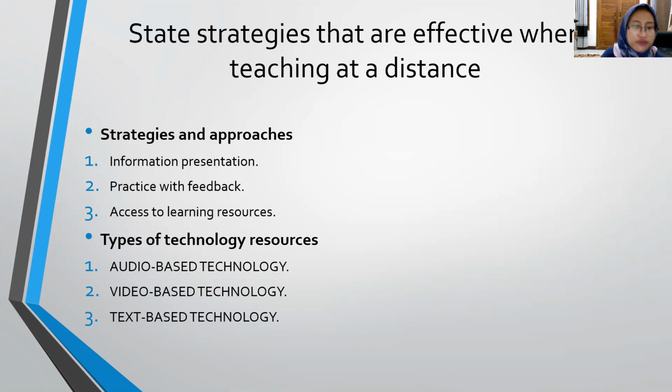Then audiovisual materials such as DVDs, podcasts, online resources, and library materials. And the next one is the types of technology resources. There are three: audio-based technology, video-based technology, and text-based technology.